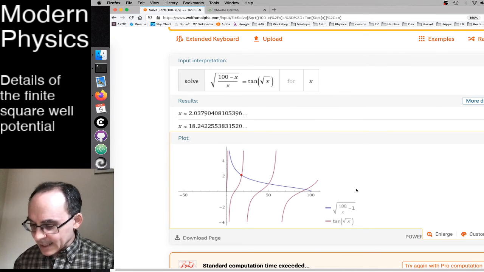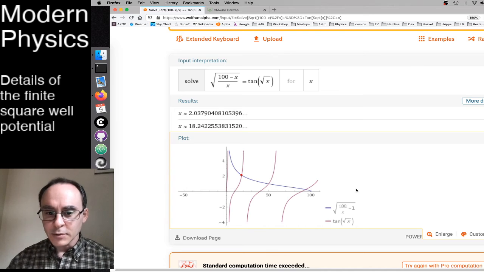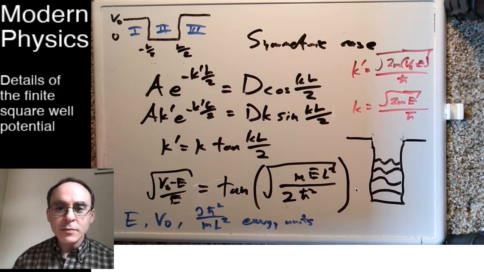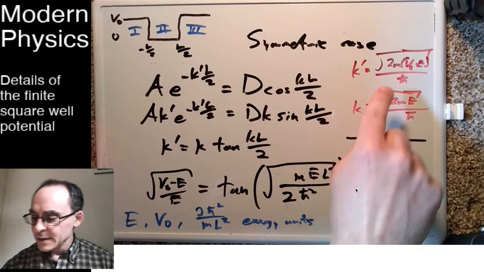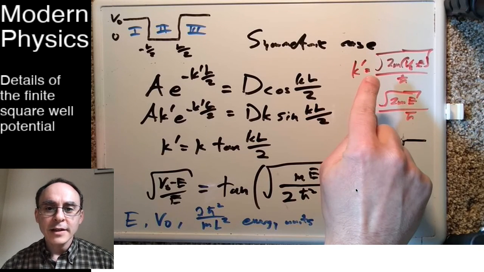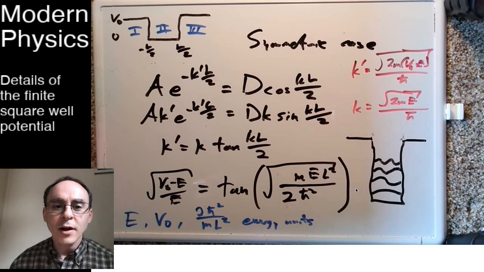And once we have the energies, you might be wondering what happened to these coefficients that we were solving for. What happened to A and D and so on? Once we have the energies solved numerically, if we're given V naught and the mass and other quantities, we can plug in, solve numerically, and get numbers for K and K prime.